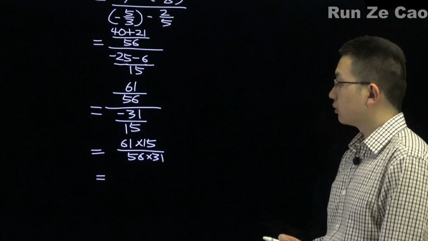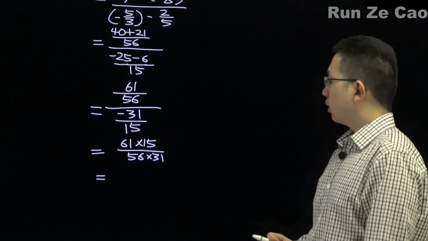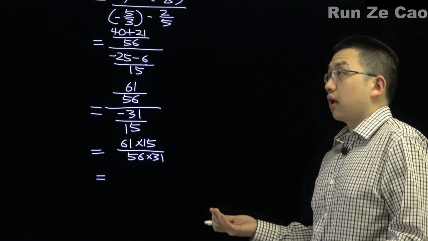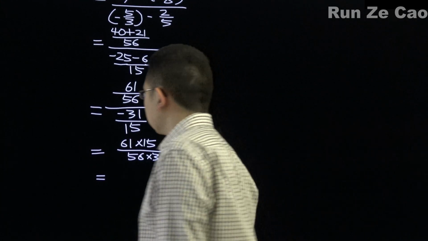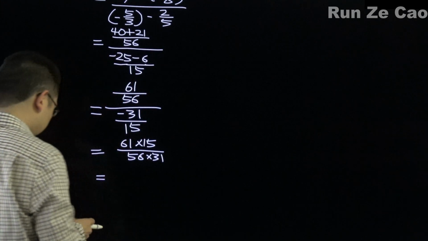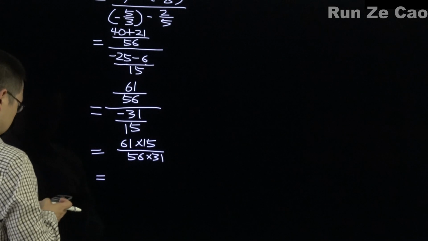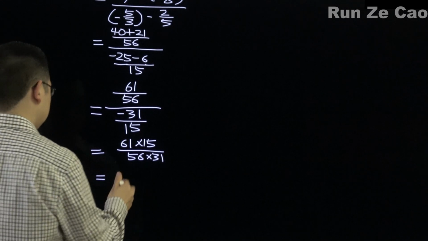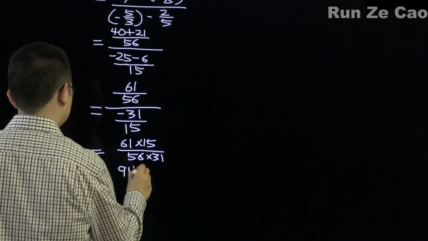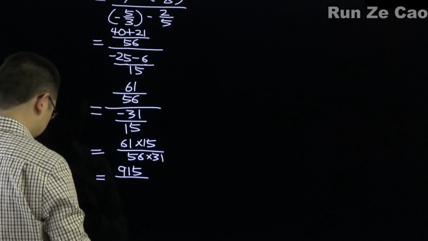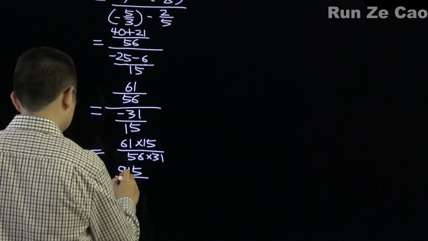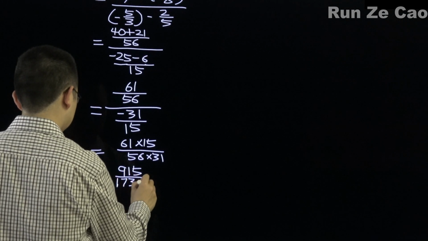Well, all that says is that there's not going to be any canceling happening, which means that what we're going to end up with is 61 times 15, 915 over 56 times 31, 1736.